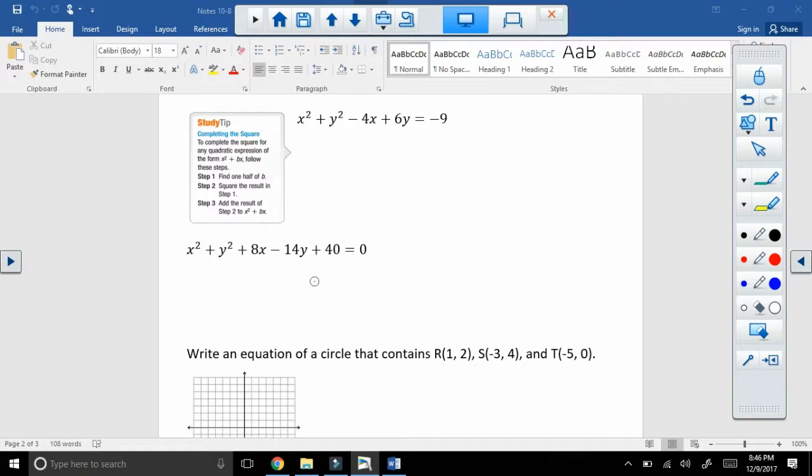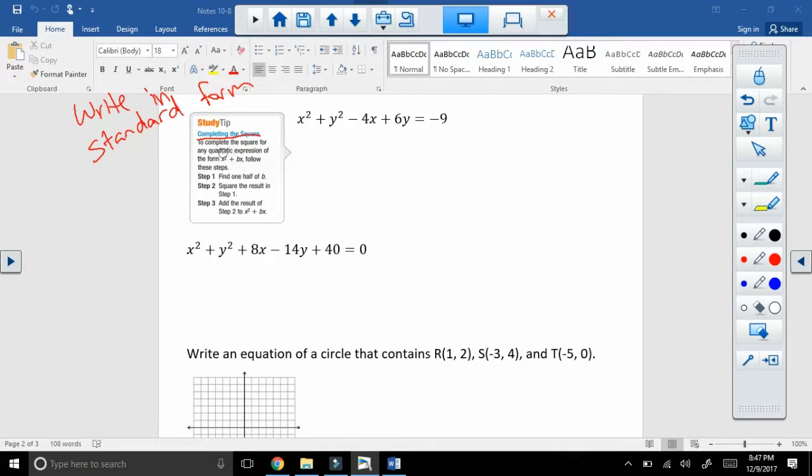For these next two examples, these are more complicated because they're not already in that standard form. You need to write them in standard form first. And in order to do that, you need to remember something else from algebra, completing the square. Depending on how much time you spent with quadratics last year, you may or may not remember this, so I'll give you a brief summary of what we're going to need for this lesson.